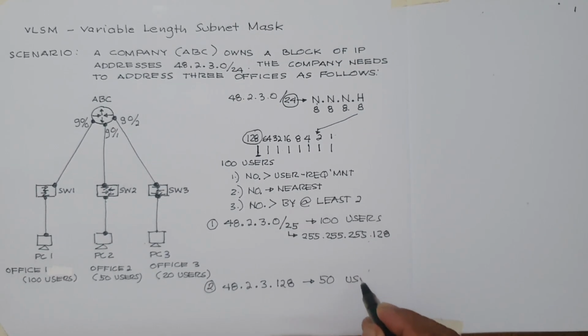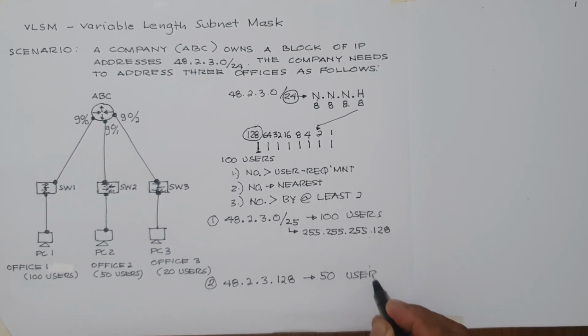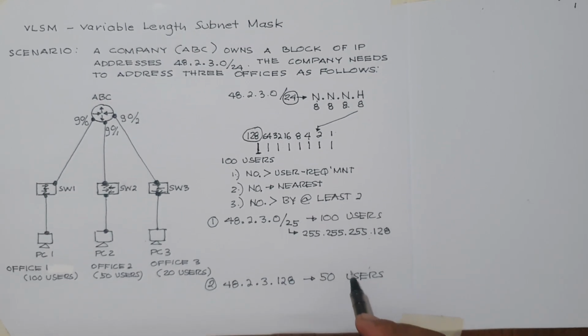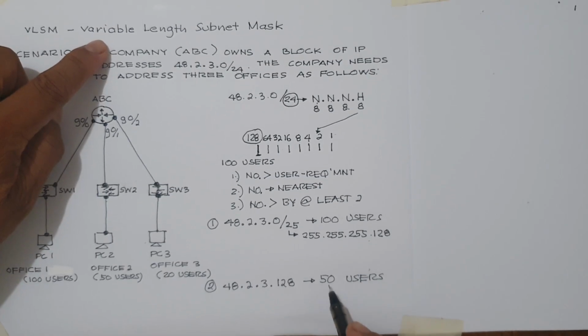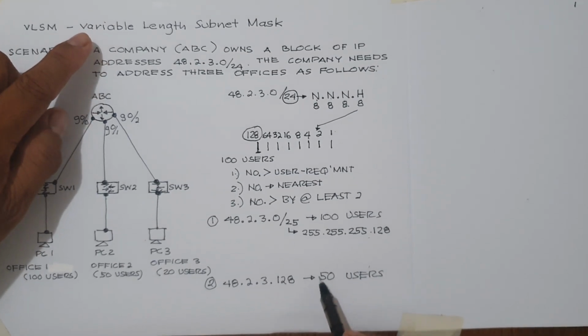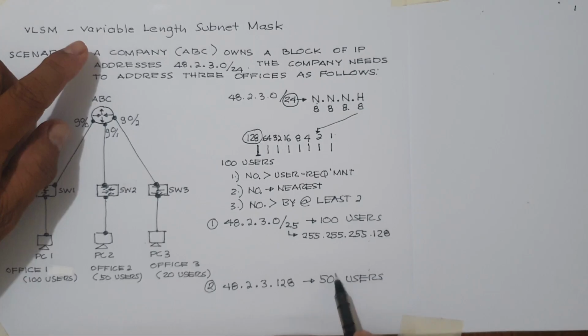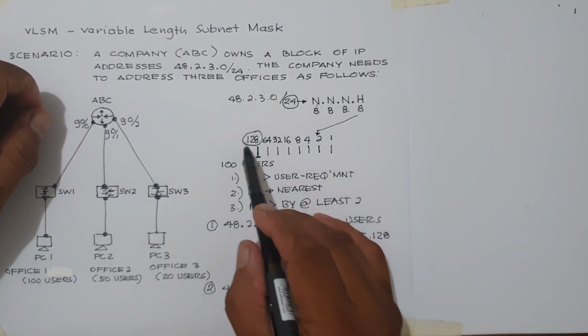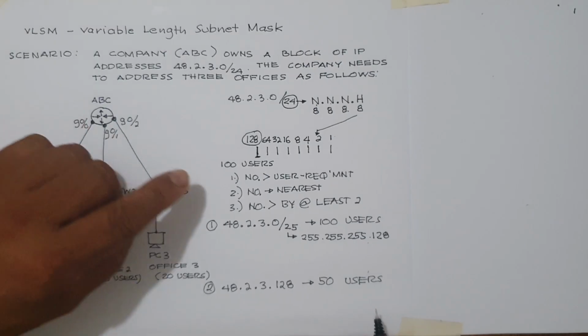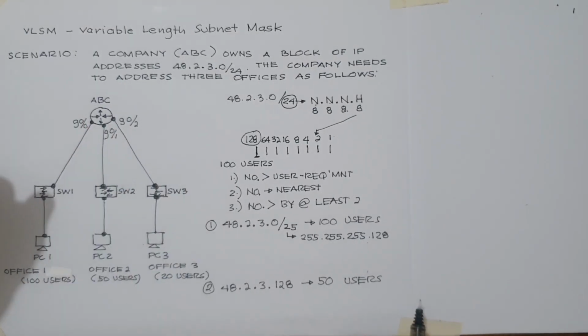But now, here we do not use a fixed length subnet mask. Instead, we use varying. So the next thing we do is to compare this requirement to the numbers here, just like what we did with the 100 users.